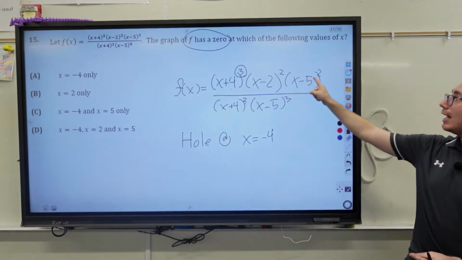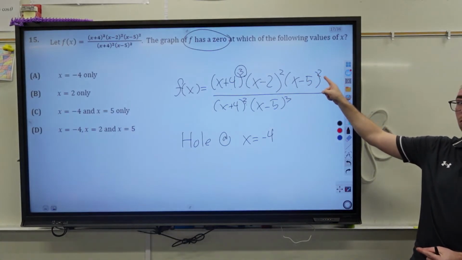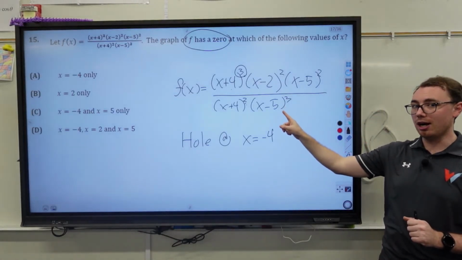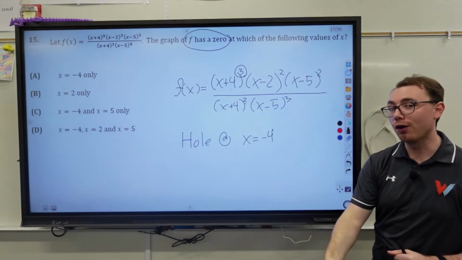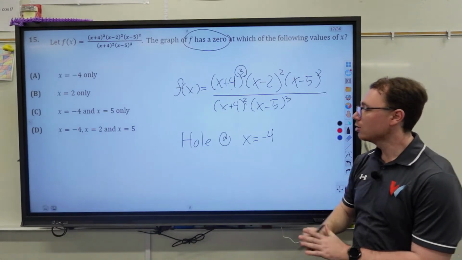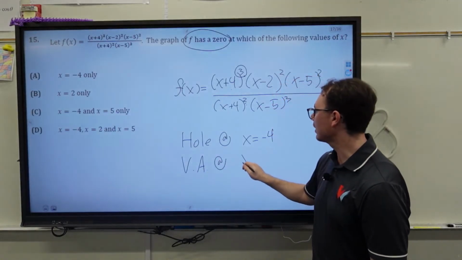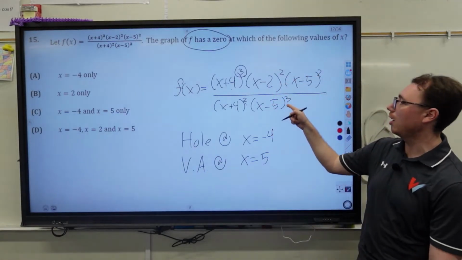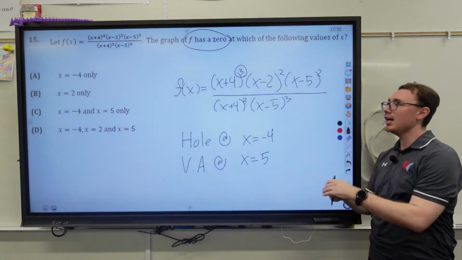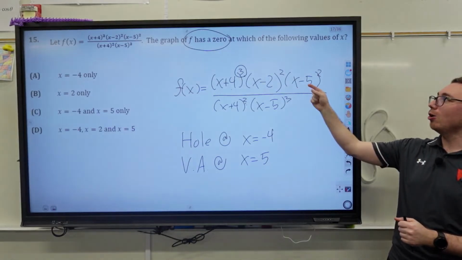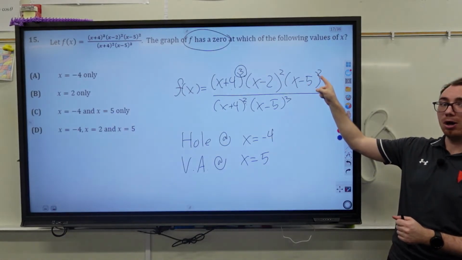However, if the exponent in the numerator is smaller than the exponent in the denominator, then it creates a vertical asymptote. So there's a vertical asymptote at x equals 5 for this problem because the denominator binomial has a larger exponent than the binomial in the numerator with that smaller.